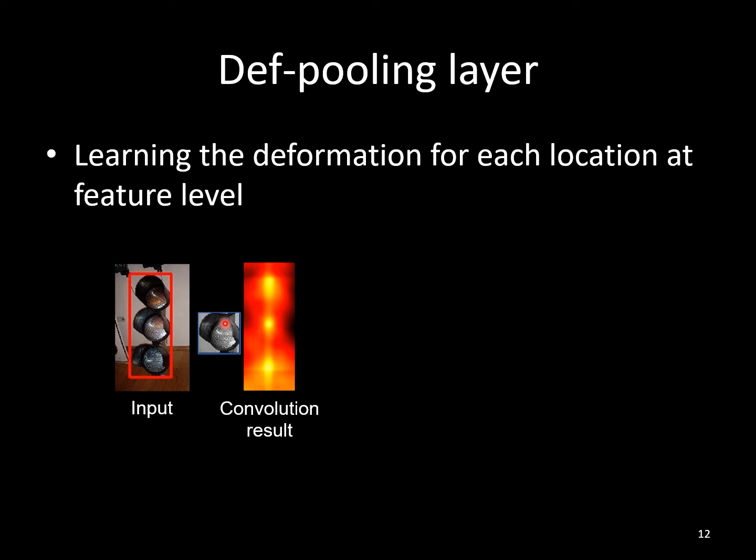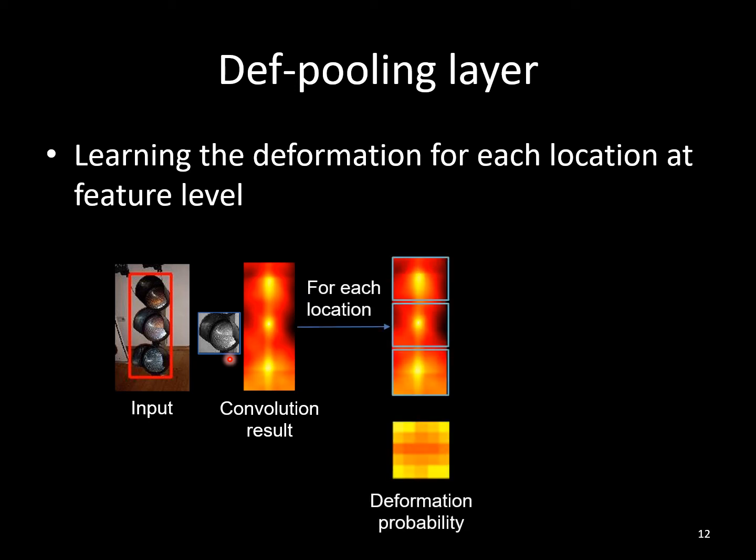In order to handle this problem, we can assume that this visual feature has deformation properties. We propose to add another parameter to learn the deformation property, and the way we learn it is to use some deformation probability or penalty terms. So this probability term tells us that the light bulb has a higher probability of moving horizontally, but less probability of moving vertically.